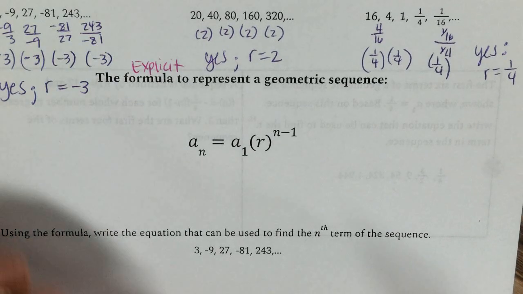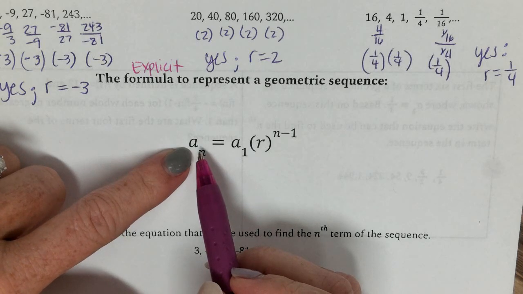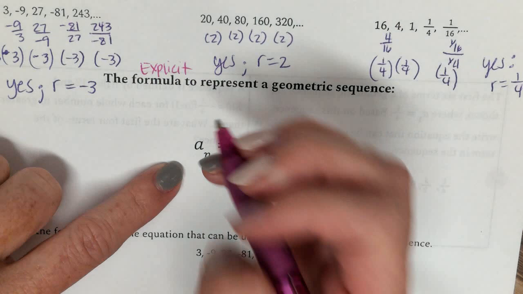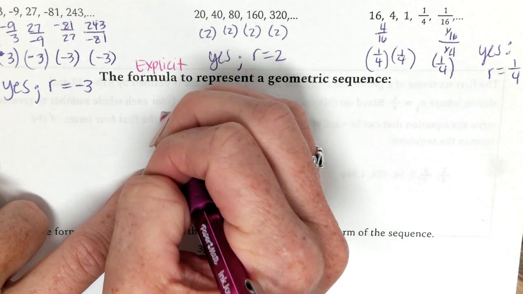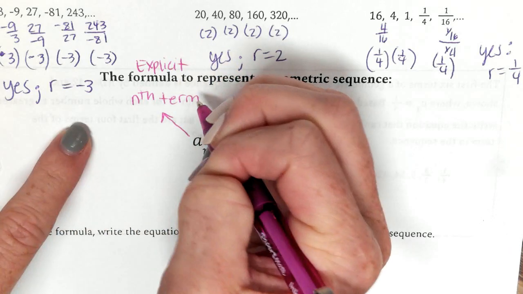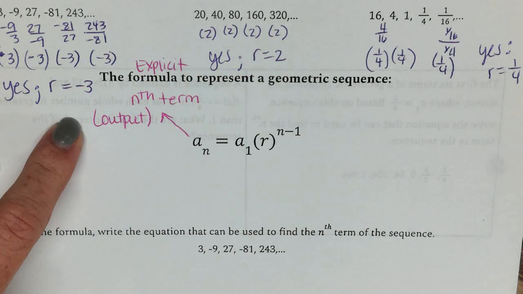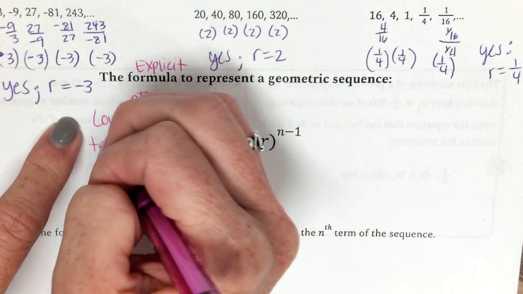All right, so I have the nth term. So that's the same thing as yesterday. That is the output, the nth term. So this number right here is the nth term, meaning the number you're looking for, also known as the output. And it is the term you're looking for.